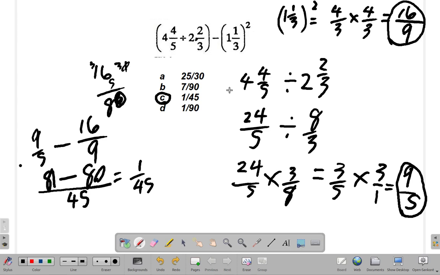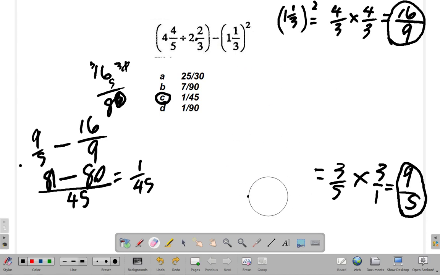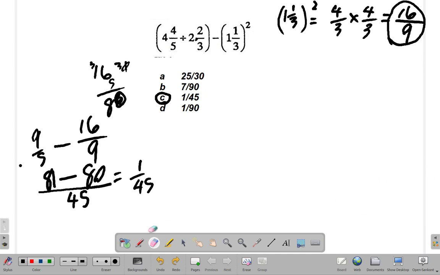Now let's talk a bit about turning the mixed fraction into an improper fraction for a while. Let me get rid of some of these for now. Here you have 1 and 1/3.